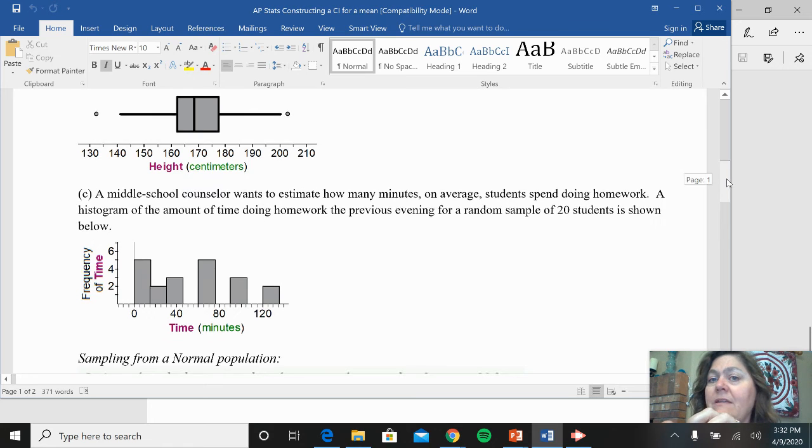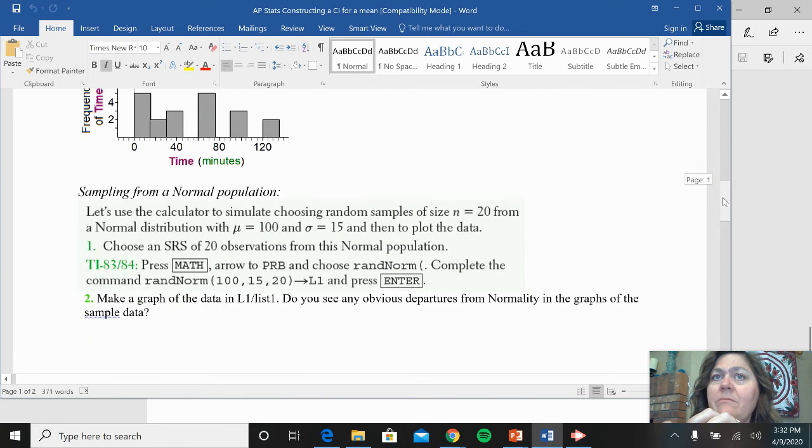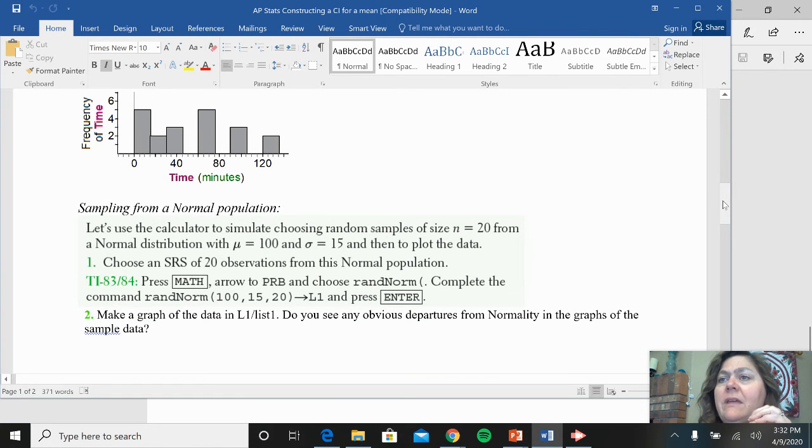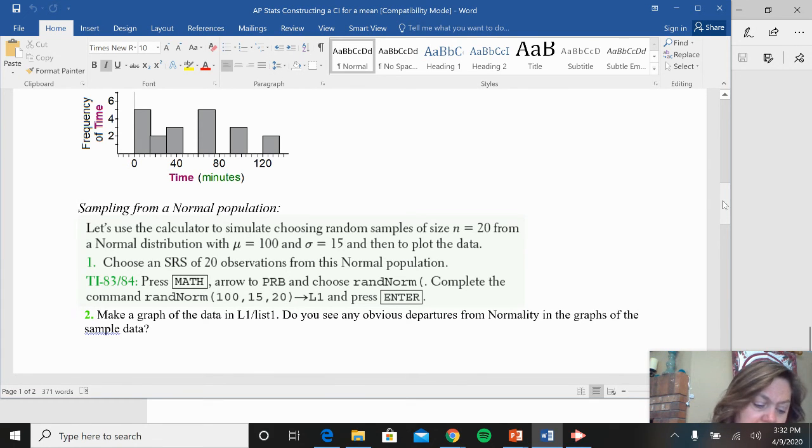Down here at the bottom of your worksheet, it asks you to do some simulation and see what's going on. On your own time, you can run that on your TI.